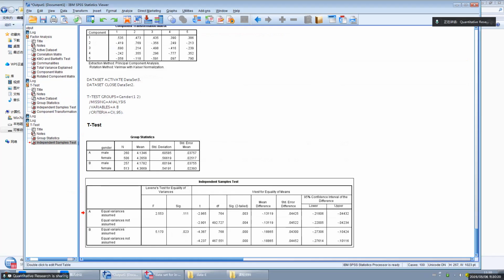So this is the independent t-test. Finally, I want to show you that it's not complex. It's simple, right? But sometimes in your paper, you may examine many independent t-tests.